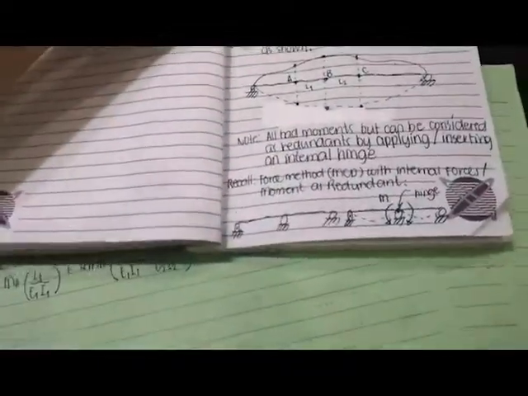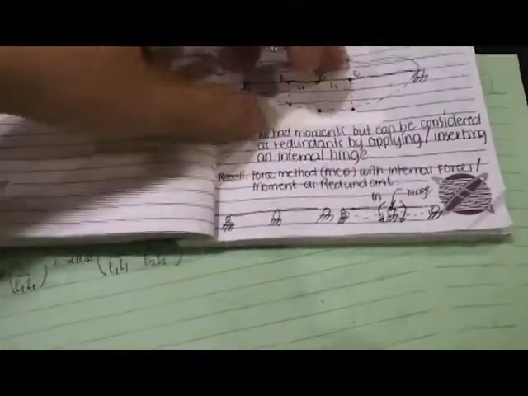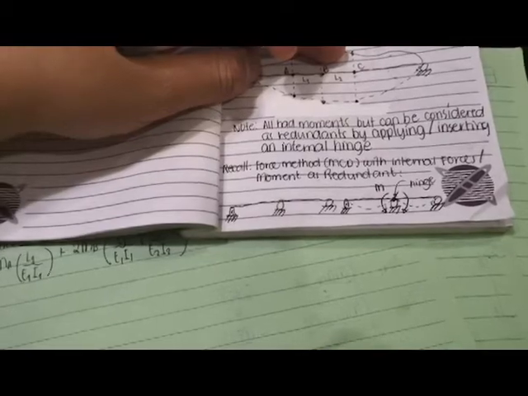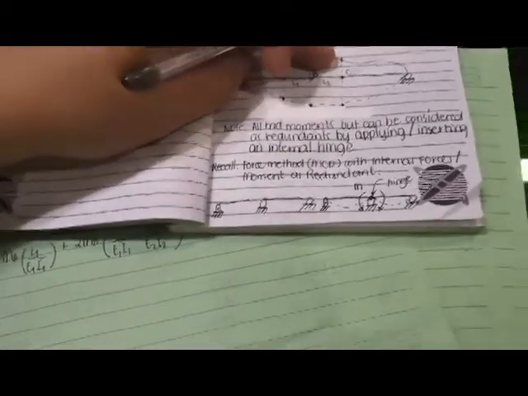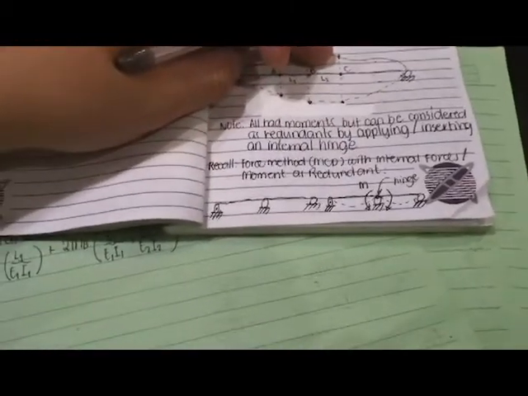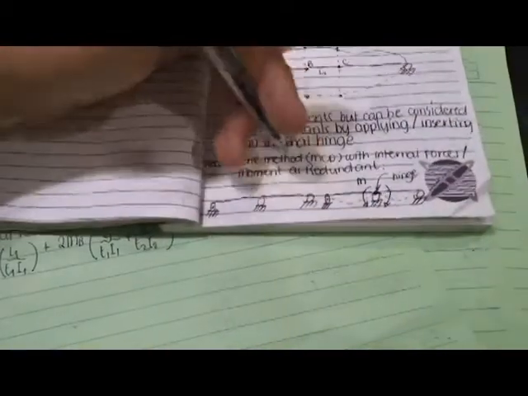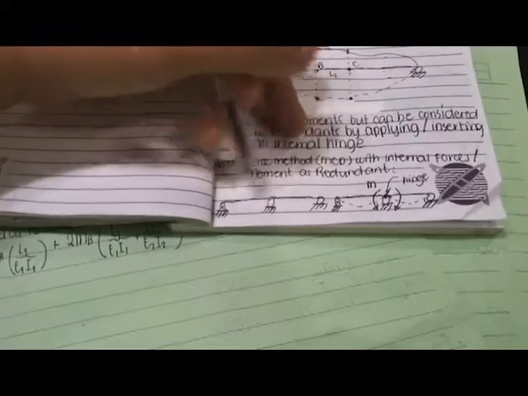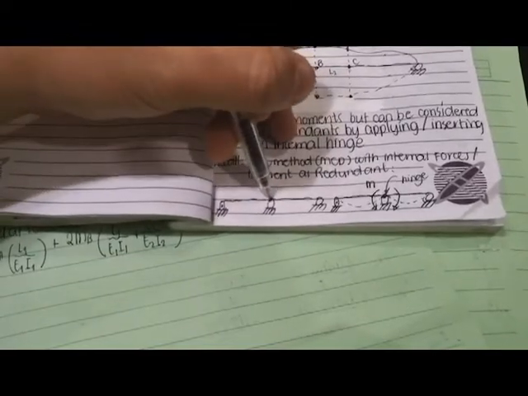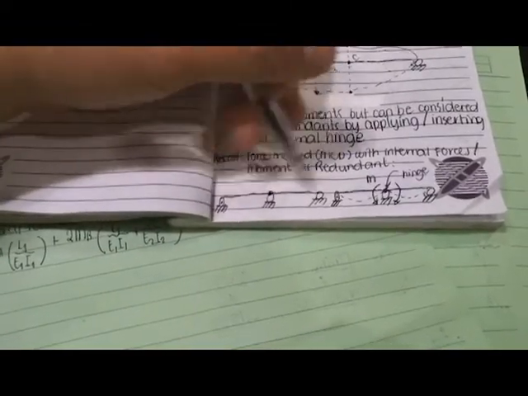Balik tayo dito. If you can remember, we've discussed yung method of consistent deformation, and we also tried to use internal forces and moment as a redundant. So consider this continuous beam. We want to remove the moment here by applying an internal hinge.